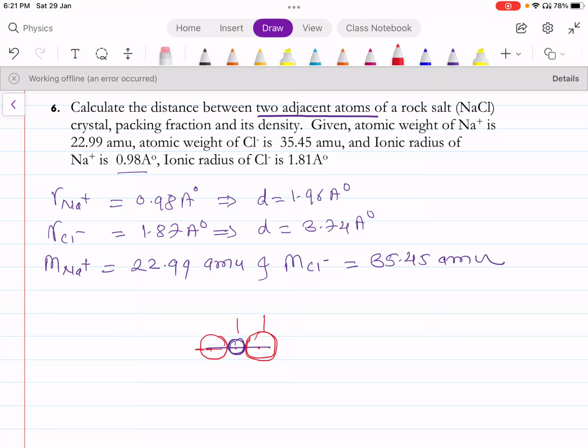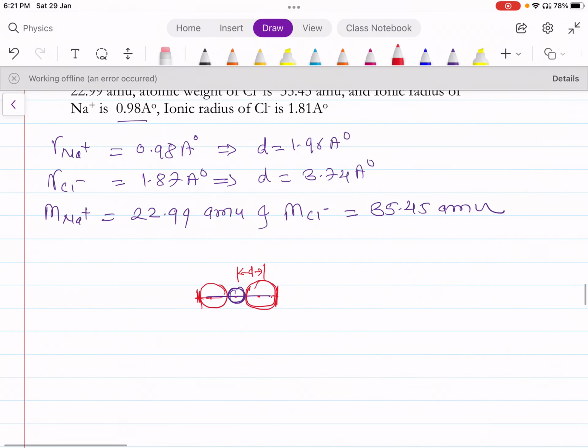And this distance is interatomic distance, which is D. That we have to find. So to find D, first we have to find A. From here to here is A. So let us find A.